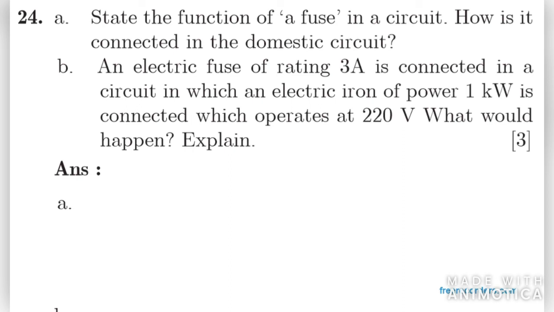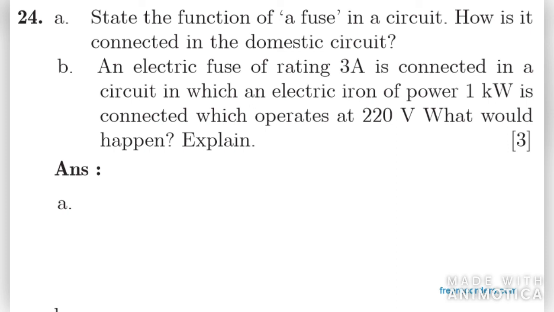So what would happen here is the electric current required by the electric iron is more than the current that can flow through the fuse without its melting. Hence the fuse wire will melt, the circuit will break, and the electric iron will not work in this case because the current is greater than the electric fuse rating, that is 3 ampere.